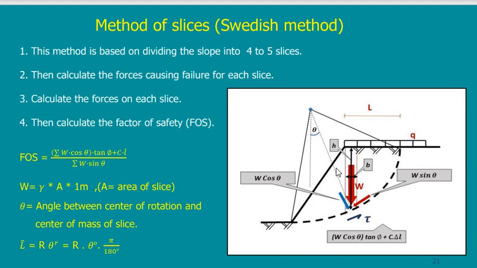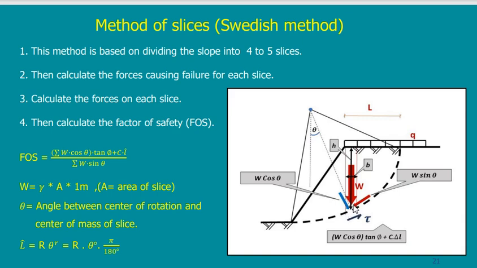What is preventing the soil from movement? It is the friction along this small area. So I get the tau, and I multiply it by the friction along this small area.